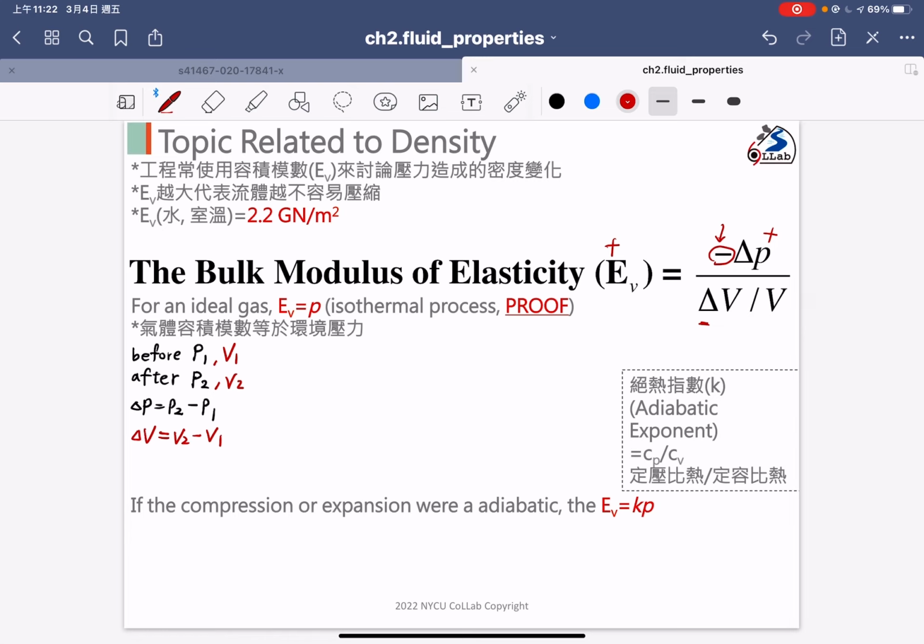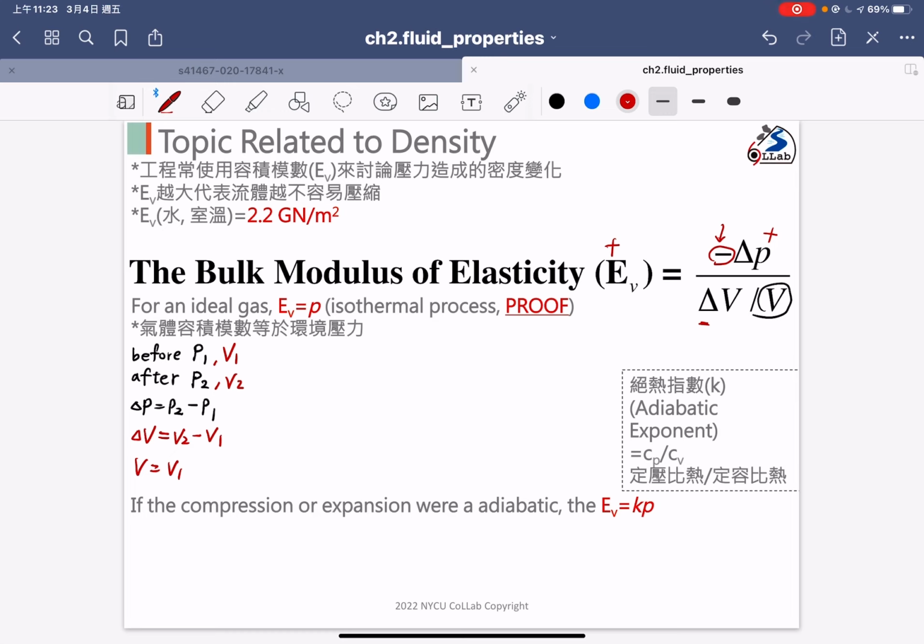Okay, so what is V? V is the initial volume. So the V is equal to V1, the initial volume.